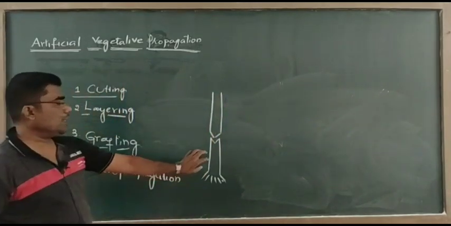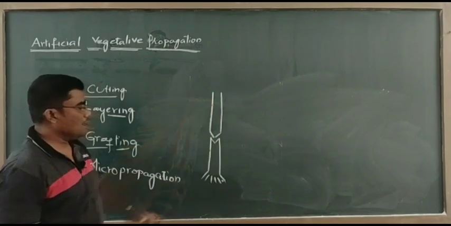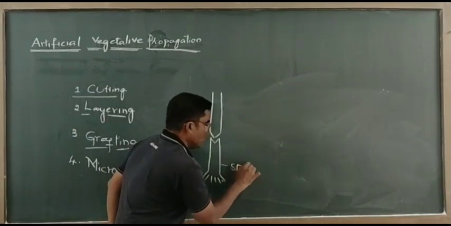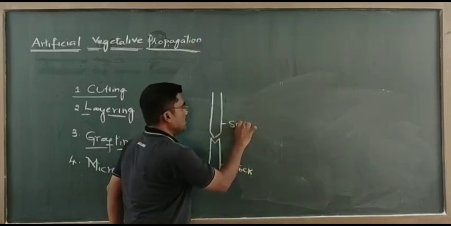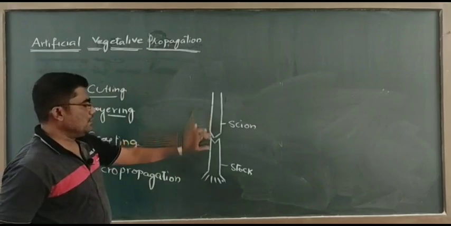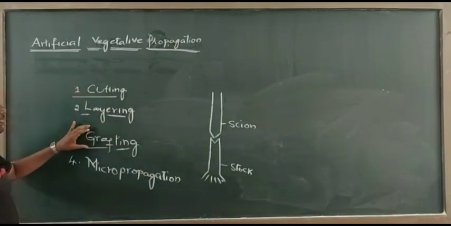This is the rooted stock. This is the twig, which is called the scion. This is called the stalk, and this twig is said to be the scion. Here the scion is fixed to the stalk. This type of method is called grafting.